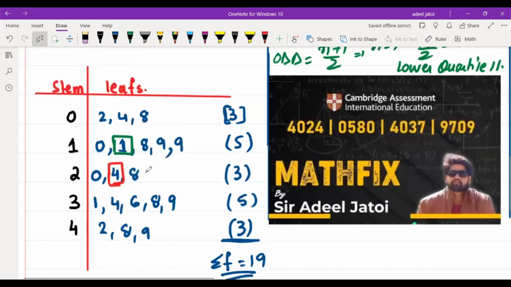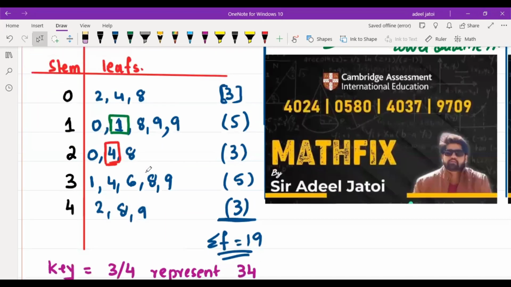It will be representing the same number of values, but we'll count again. 1, 2, 3, 4, 5, 6, 7, 8, 9. It is again representing 9 numbers. So (9+1)/2, 10/2 will be the fifth term. Fifth term after the median: first, second, third, fourth, fifth. So your value is 38.